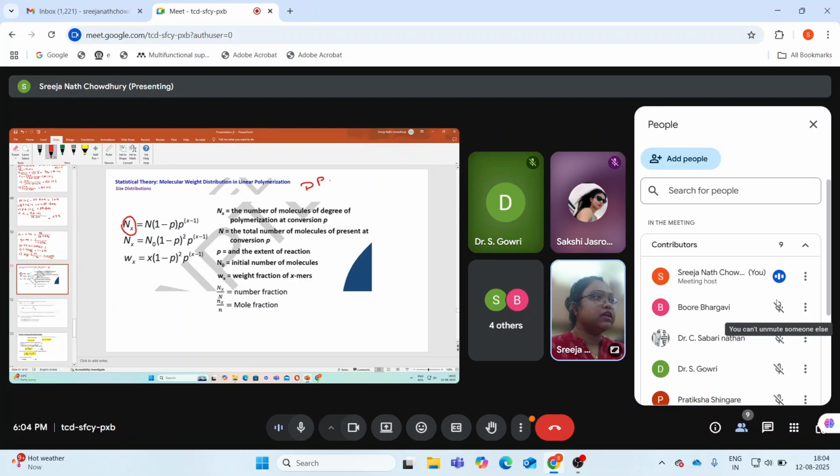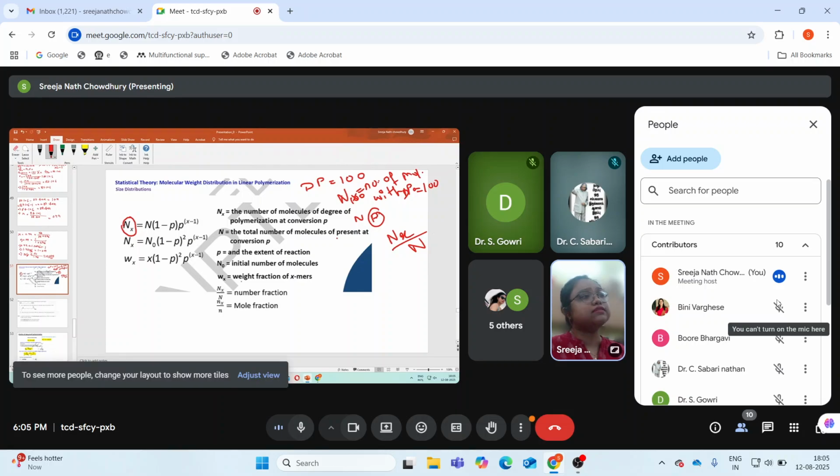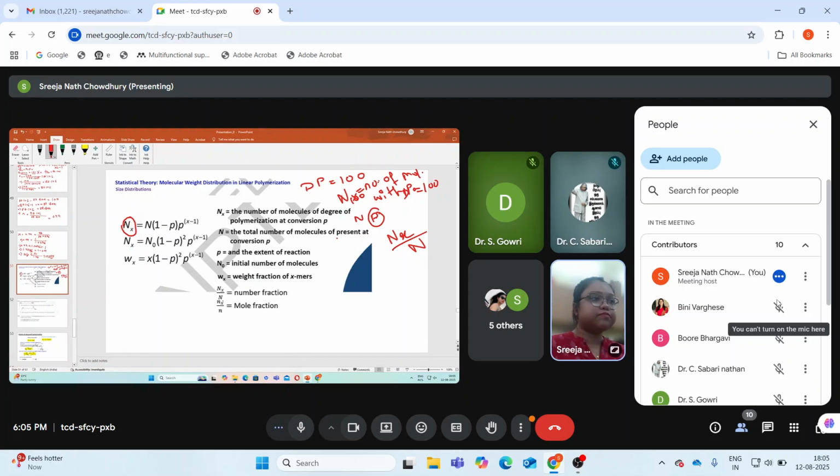P is the extent of reaction, n0 is the initial number of molecules, and Wx is the weight fraction of the x-mer. So nx by n is the number fraction, and small nx by small n is the mole fraction.